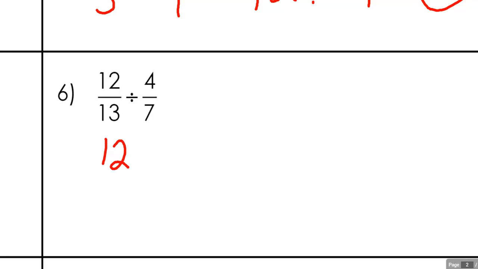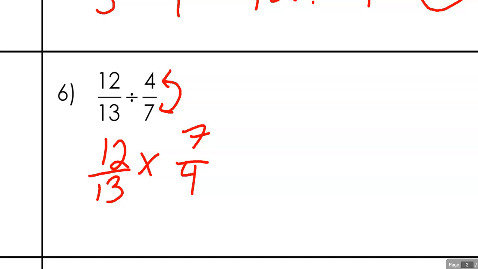I'm going to bring it down. Your division is going to change to multiplication. And you're going to do the reciprocal of the second fraction. That means your numerator is going to become your denominator, and your denominator is going to be your numerator. So here it's going to be 7 over 4.